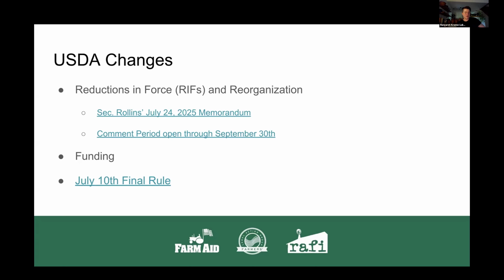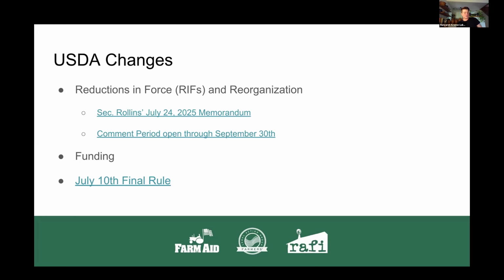And they will do that by moving many of those functions from DC to 5 new regional offices, giving staff the option to move to those offices. Those offices are going to be in Raleigh, North Carolina, Kansas City, Missouri, Indianapolis, Indiana, Fort Collins, Colorado, and Salt Lake City, Utah.